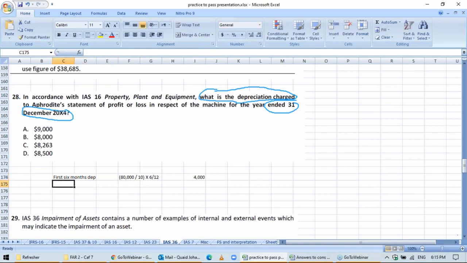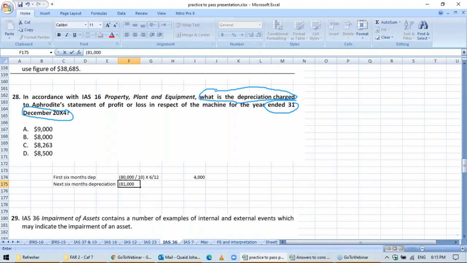Then the revaluation occurs on 1st of July 2004. So the next 6 months depreciation will be on the revalued amount. So next 6 months depreciation will be on 81,000, right?